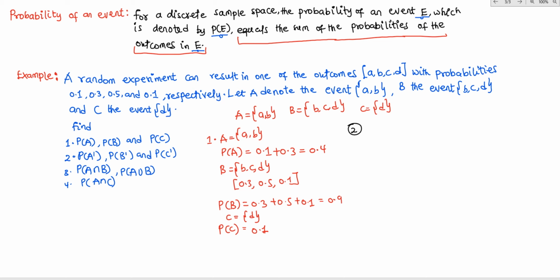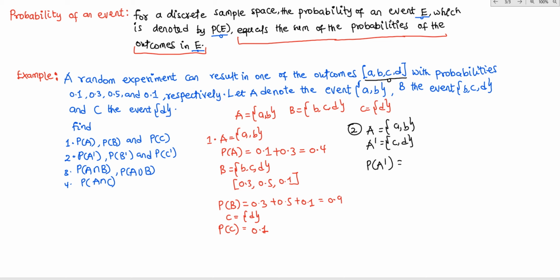We know event A is {A, B}, and then A complement will be the outcomes that are in the sample space but are not in event A. For those outcomes, we are going to have C and D, because C and D are in the sample space, which is this sample space here, but they are not in event A. So we are going to have the probability of A prime to be equal to the sum of the outcomes in the A complement event.